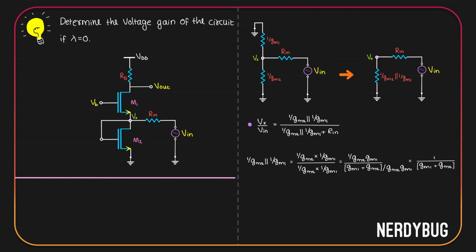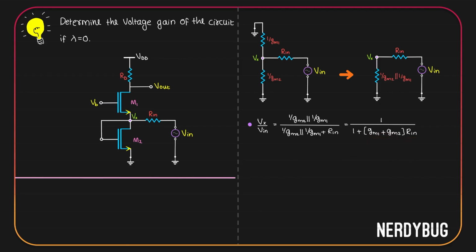Let us substitute that over here in this equation. That gives us 1/(gm1+gm2) divided by 1/(gm1+gm2) plus Rin. Let us multiply the numerator and the denominator with gm1 plus gm2. Then we'll get this. Vx by Vin is 1 divided by 1 plus (gm1+gm2) multiplied by Rin.